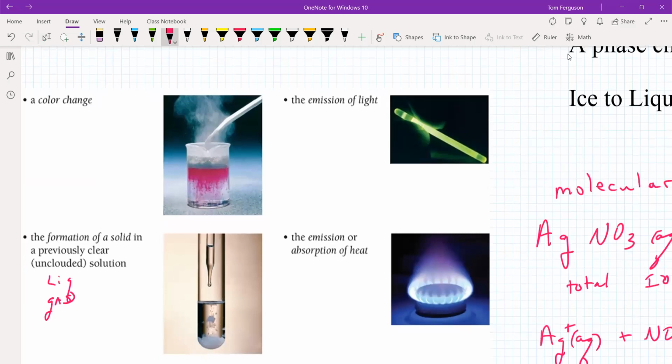Now, one of the major reactions we're going to study in this class, in the next unit mainly, is acid-base neutralization. So when you take an acid, you throw a base in there or an alkaline solution together, a reaction happens. How do you know? Heat's given off. Then you know something happens, even though it may not look different.